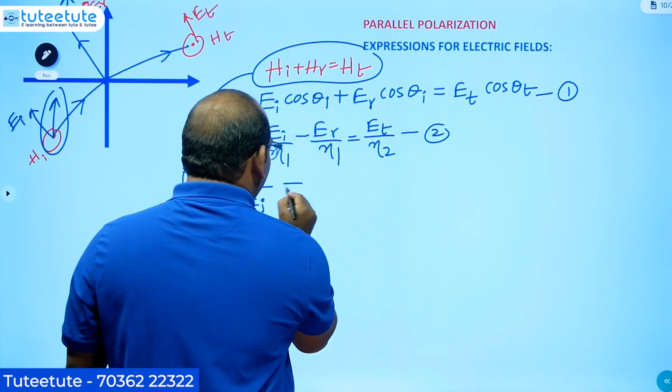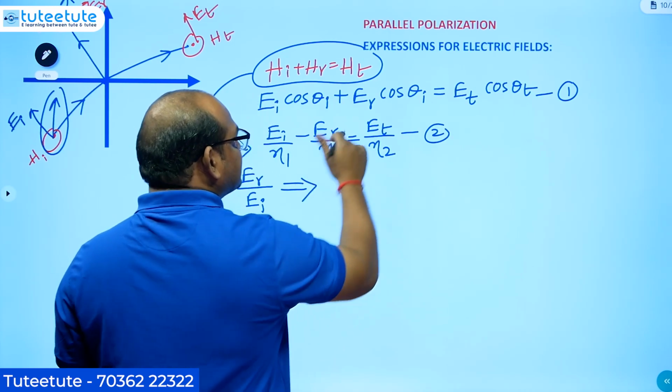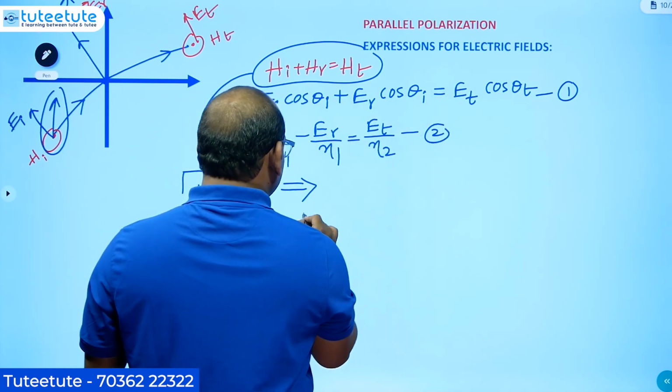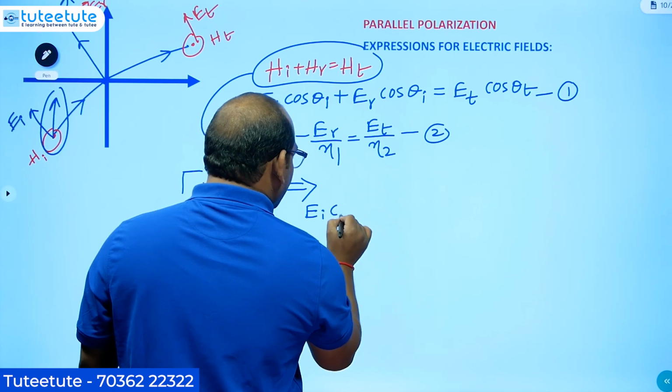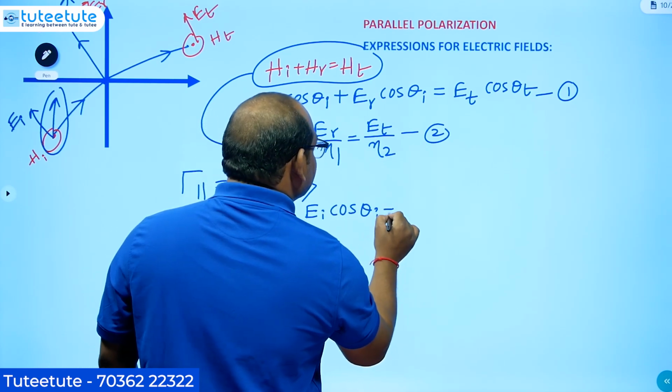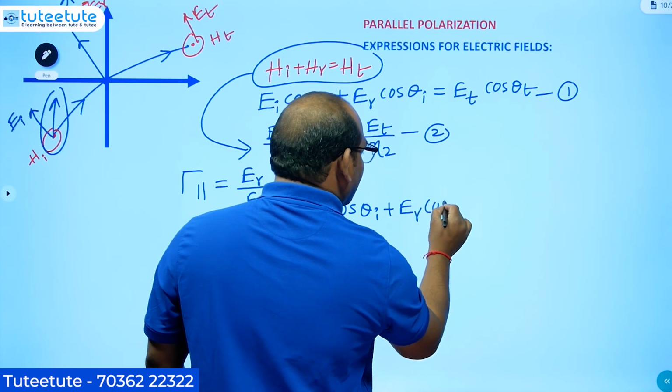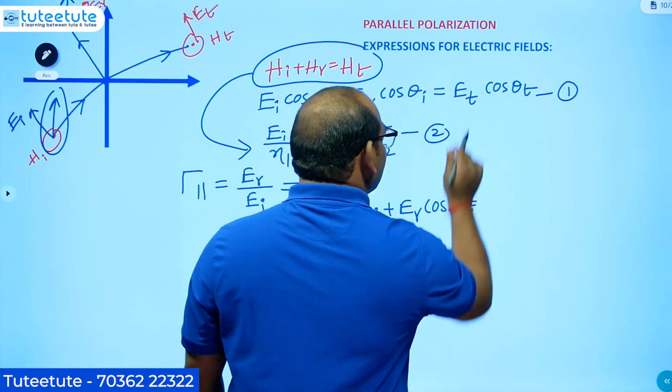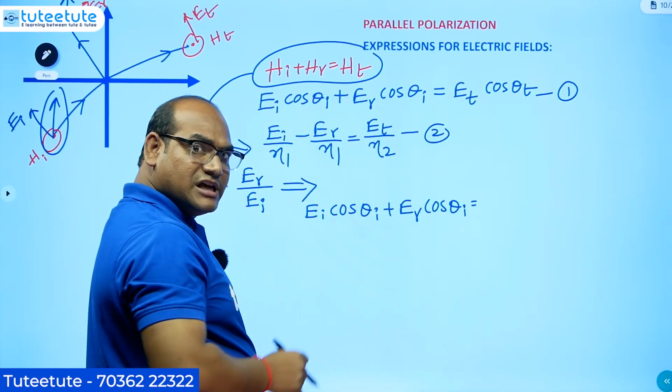So further we can write, this equation 1 we are modifying actually, that is EI cos theta I plus ER cos theta I, it is equal to, ET should be replaced according to equation 2.